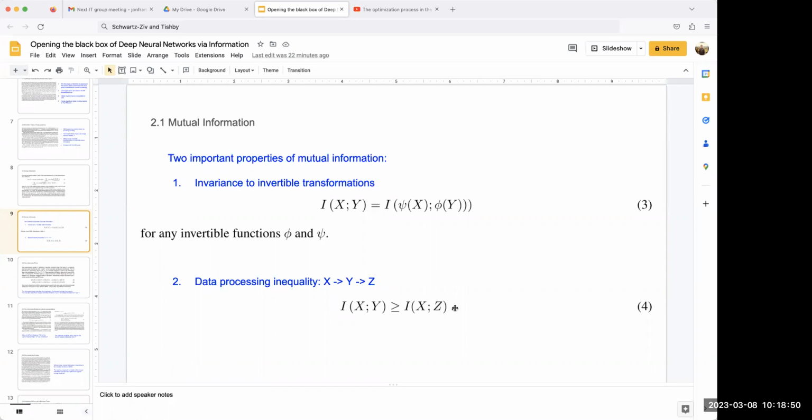Although I can't remember why they used Z in this case instead of T. But basically, this is just saying that the processing your model does cannot add information to the system. You can't add information about your target labels.